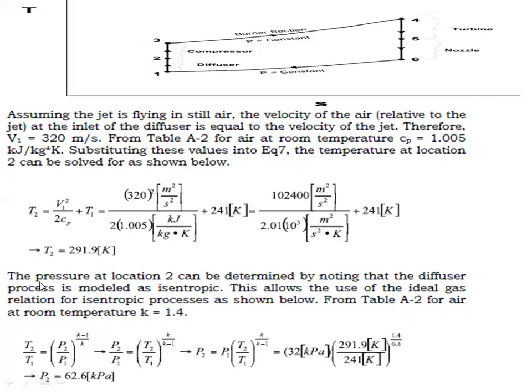Similarly, the pressure at location 2 can be determined by noting that the diffuser process is modeled as isentropic. This allows the use of the ideal gas relation for an isentropic process, as shown below. From table A2 for air at room temperature, k should be taken as 1.4.